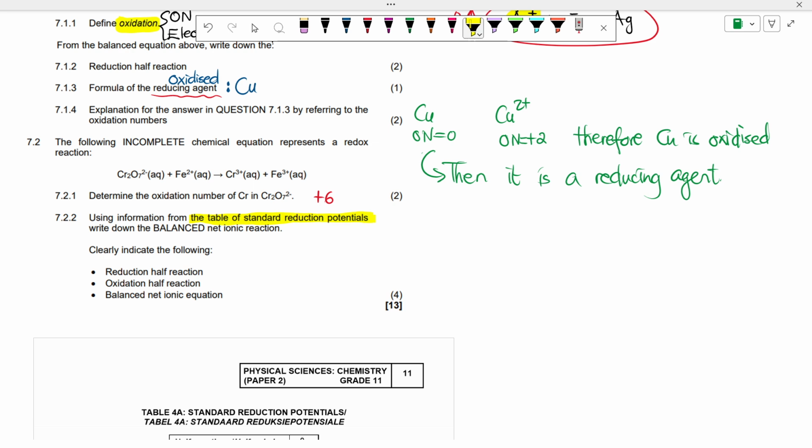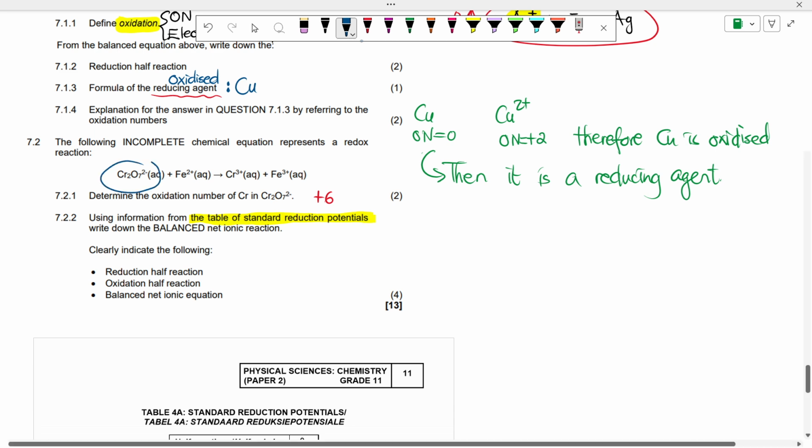But in this case, they just want us to write down the balanced net ionic reaction, clearly indicating the half reactions and the final balanced ionic equation. So this goes for all balancing questions. You look at your reactant and the product that is related to that reactant. Same applies to the other reactant.